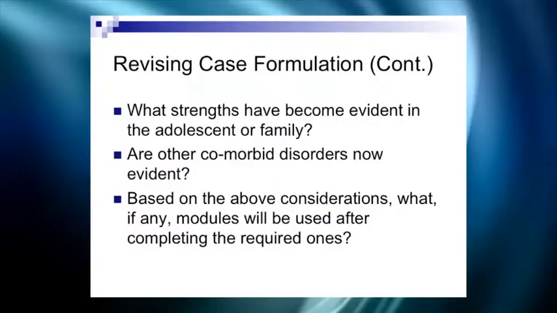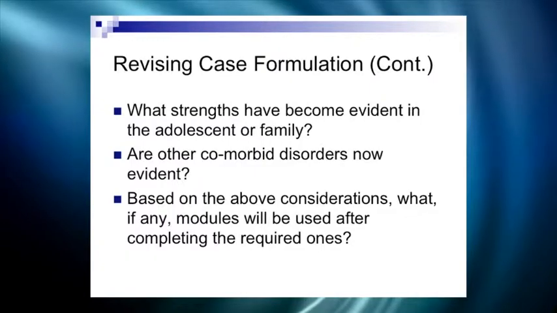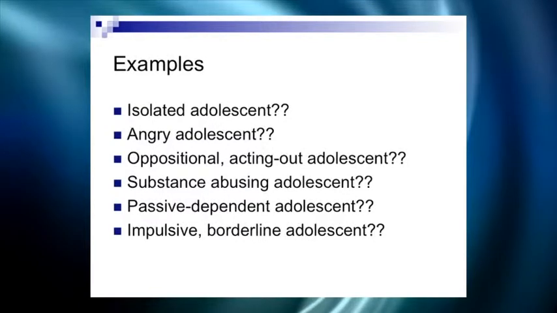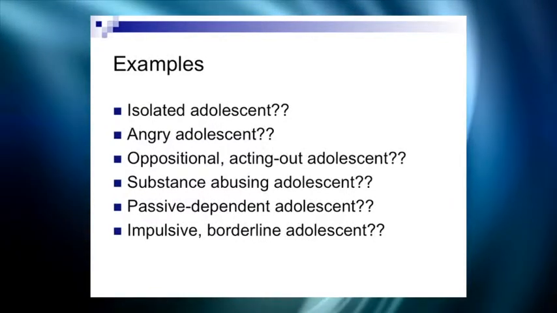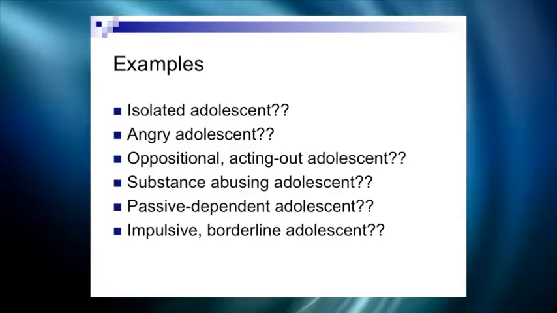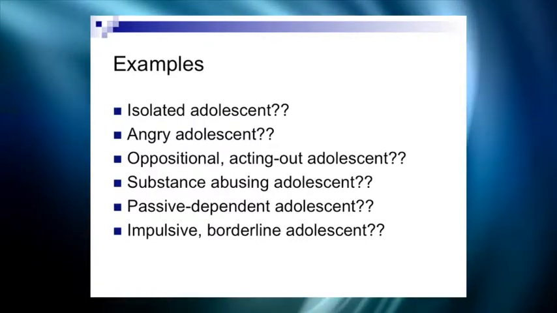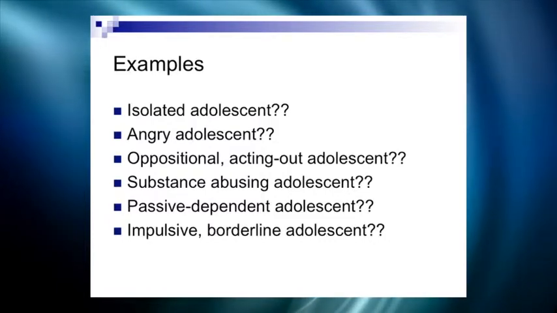So then you decide what modules you're going to use after you complete the basic ones, okay? So if it's a real angry adolescent or an oppositional adolescent, you may want to add in the family session on contingencies. If it's a substance abusing adolescent, you're going to have to work out a plan for either getting them substance abuse treatment or at a minimum getting urine screens.